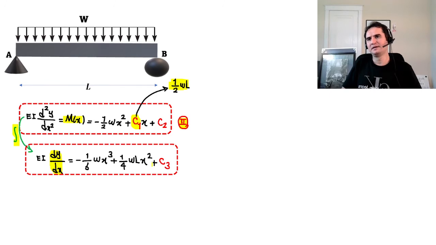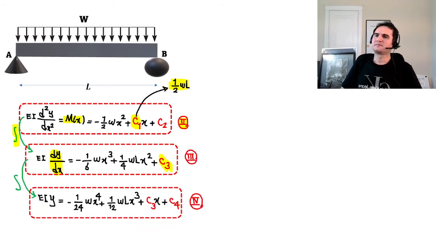And the third constant appears, that's C3. If we call this equation 3, and by the last integration from theta, we can get to the elastic curve itself, with four integrations, four constants and four equations.